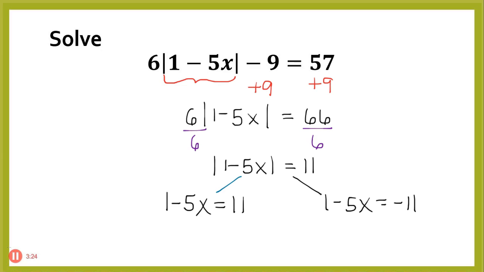So now we're ready to solve. So we're going to subtract the 1. So negative 5x equals 10. And then we're going to divide by negative 5. So x equals negative 2 is my first solution.